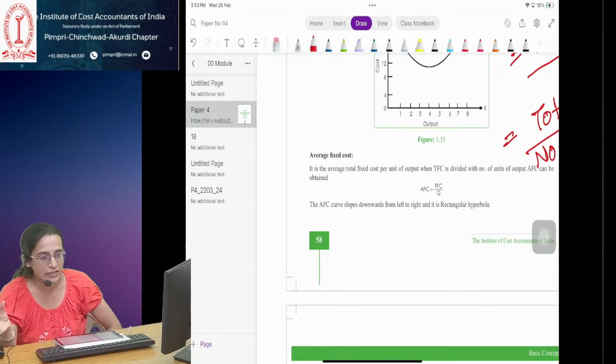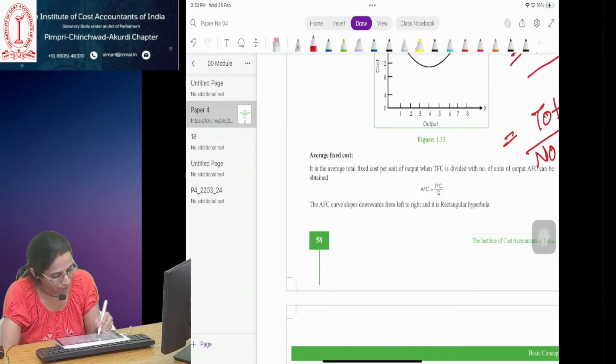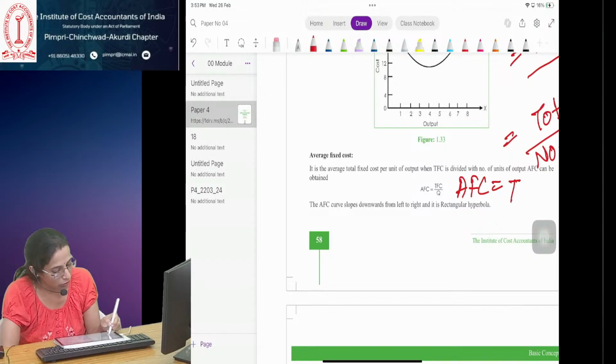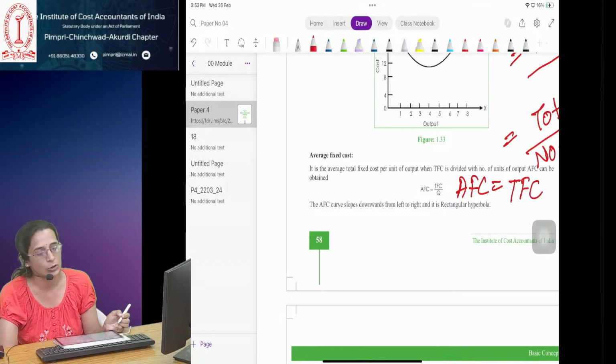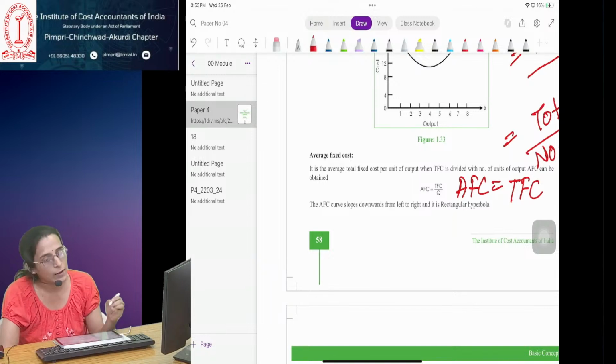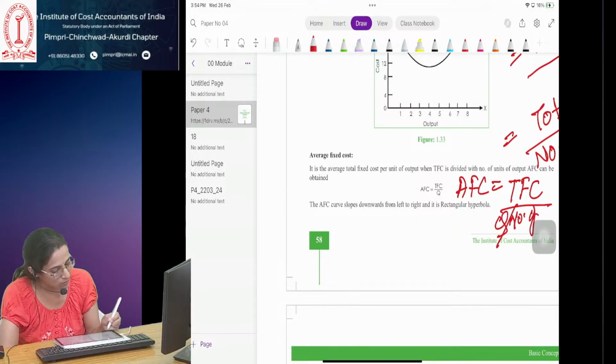If we want fixed, we will take the fixed part and then divide by the number of units. The average fixed cost is equal to total fixed cost. We will not take total cost because we just want the fixed one. So we will take only the total fixed cost and divide by the quantity or the number of units produced.